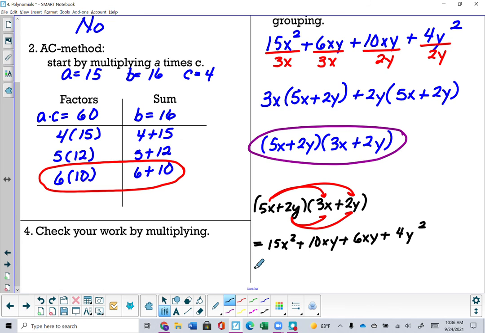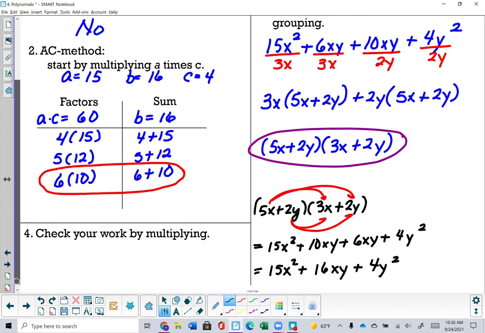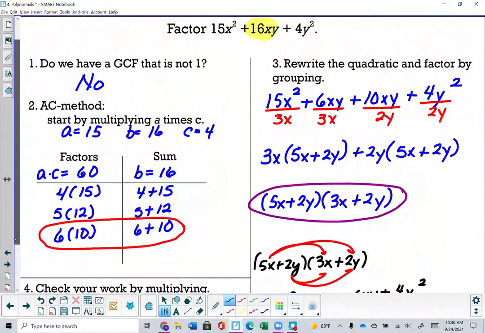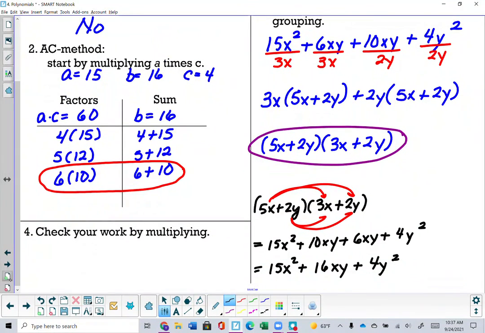Combine your like terms, so that gives us 15x squared plus 16xy plus 4y squared. All right, does that match what we had in the beginning? It does. All right.